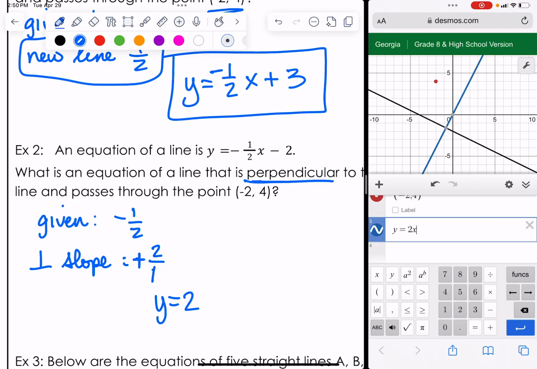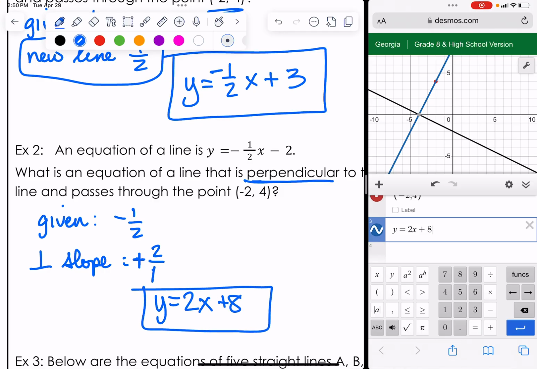We can see that that's perpendicular, but it's not far enough up. So let's add a little extra. 2's not enough. 5's not enough. 7's not enough. 9 is too much. 8 is perfect. So y equals 2x plus 8 is perpendicular going through the point that we've been asked for.